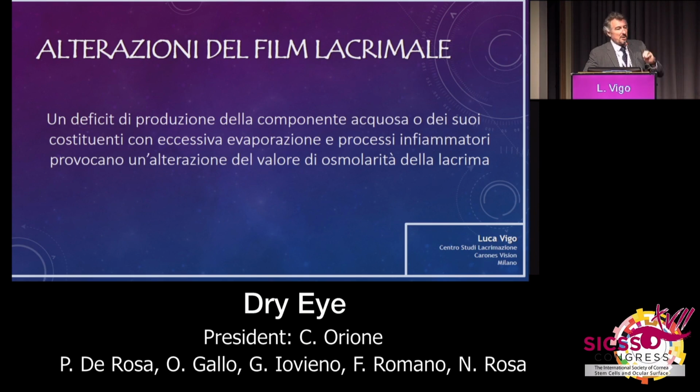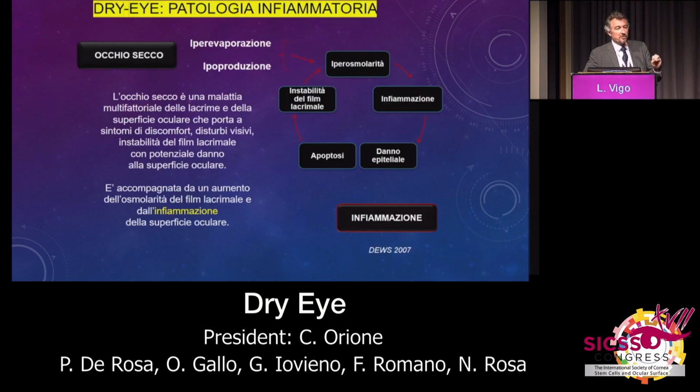What we do know is that both in the case of a deficiency of aqueous or when the components of the tear are altered, we will have a hyperosmolarity accompanied by inflammation, and that's what triggers a vicious circle that we should try and interrupt by means of our treatment.